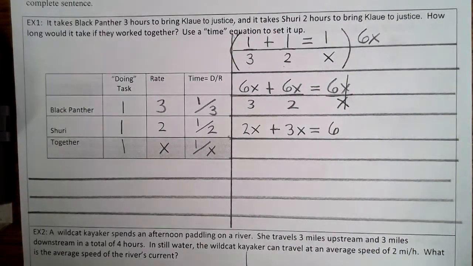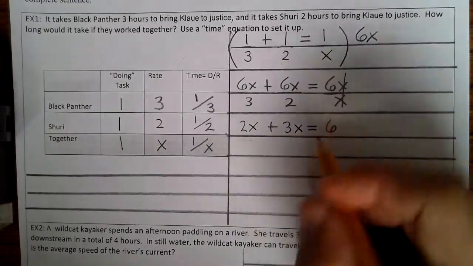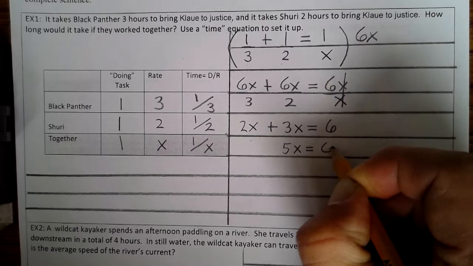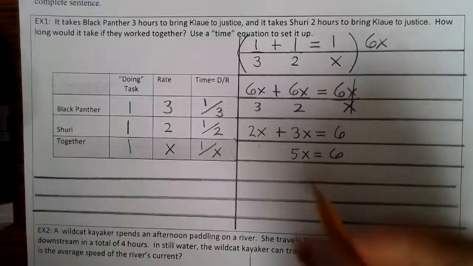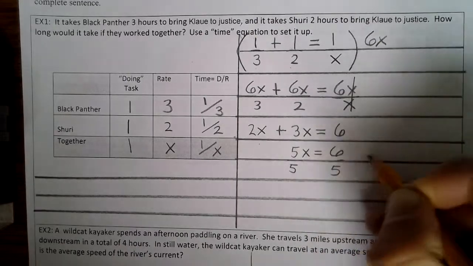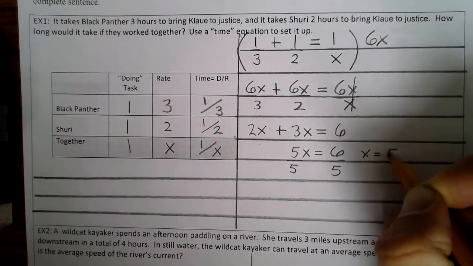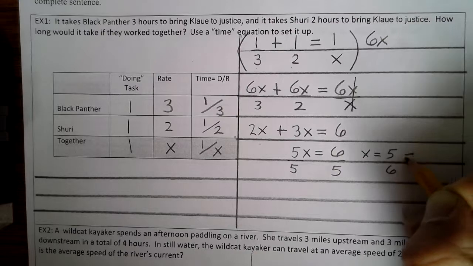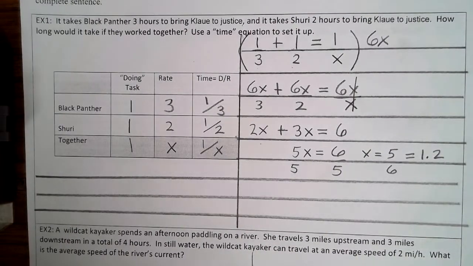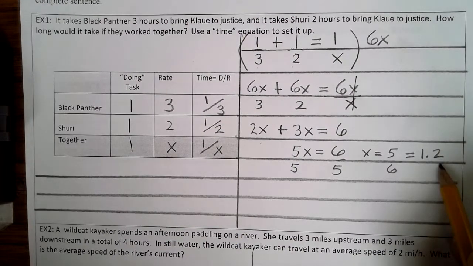Okay, so 2x plus 3x is 5x, equal to 6. Divide both sides by 5. So x equals 6 divided by 5, which is 1.2. So 1 hour and 0.2 minutes. But that doesn't make much sense, so we need to convert the 0.2 to minutes.